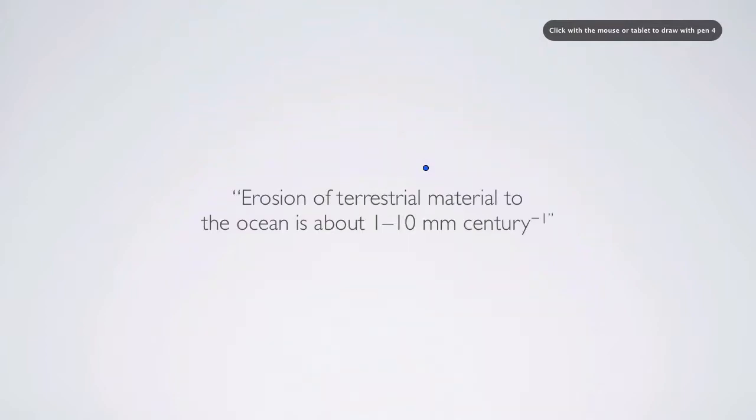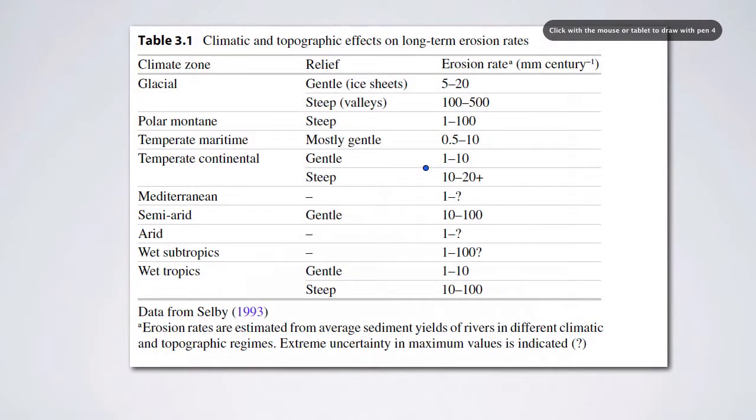In general, the authors state that erosion of terrestrial material to the ocean is about 1 to 10 millimeters per century. So a given area is going to have 1 to 10 millimeters per century of material removed. This table, table 3.1, shows the different erosion rates that you have for different climatic zones.